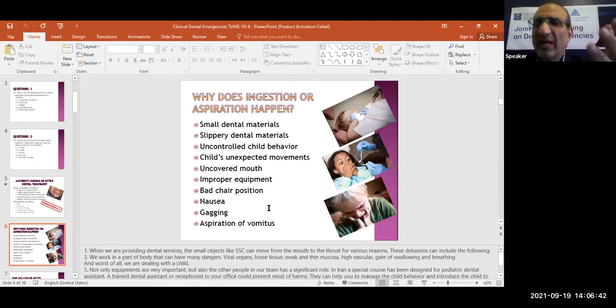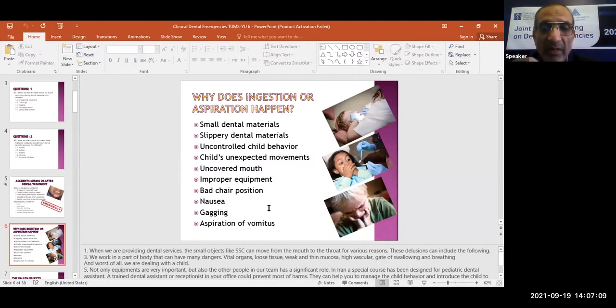As you know, we have a lot of small or slippery dental materials in our procedures. When we are providing dental services, a small object like a crown, band, and other things can move from the mouth into the throat for various reasons.